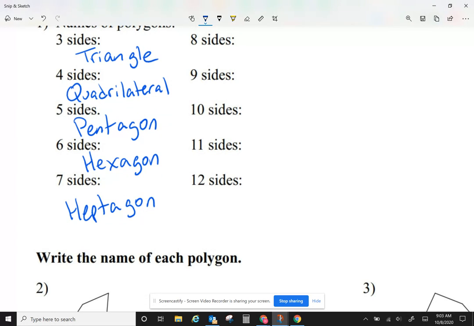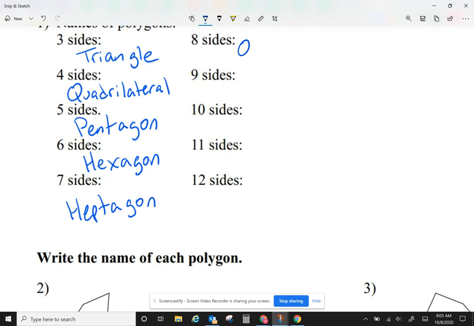Now, for eight sides, a polygon with eight sides, you guys are familiar with those, especially if you watch UFC. They fight in a ring that has eight sides, and they call this an octagon. In their case, it's even a regular octagon. We call it regular because all the sides have the same measurement.